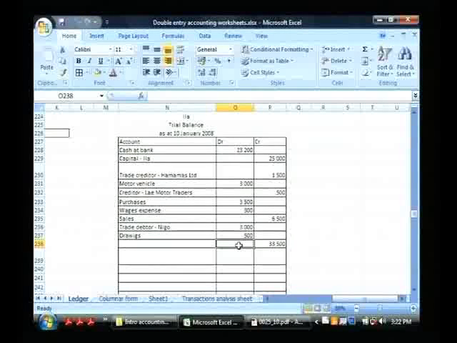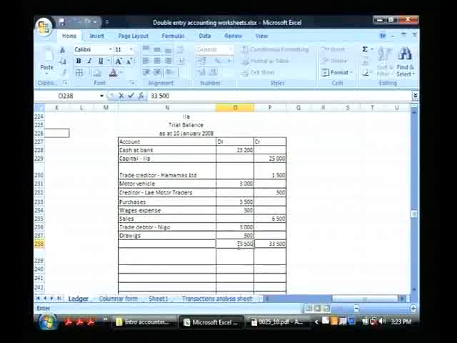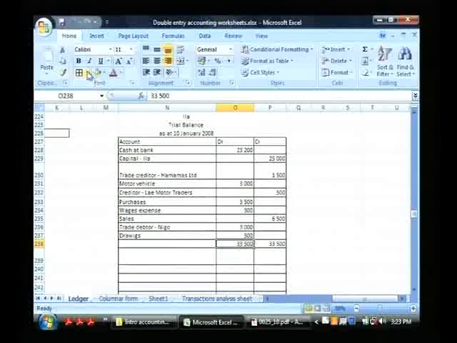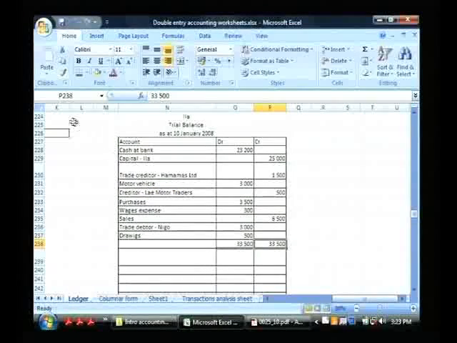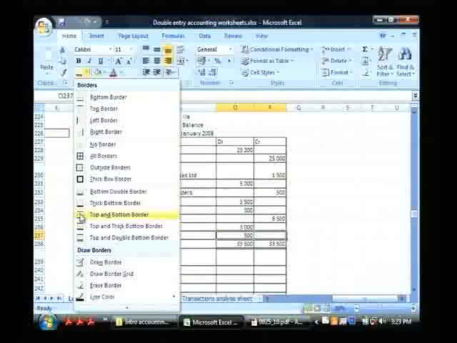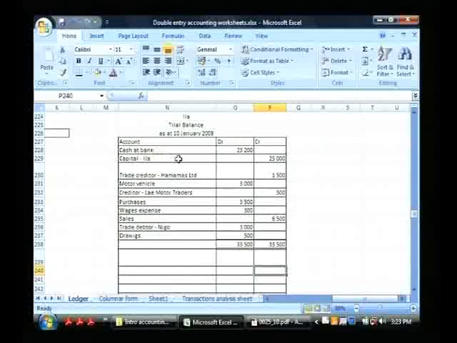Then how much is the total? Same amount, 33,500. So this is the trial balance total, right? Both sides same balance. That means debit total equals the credit total. So this means we have recorded all the transactions following the double entry principles.